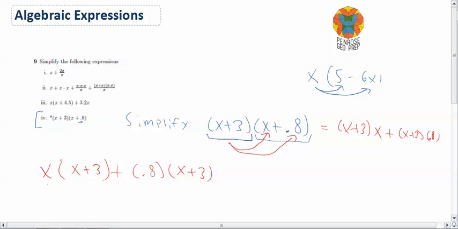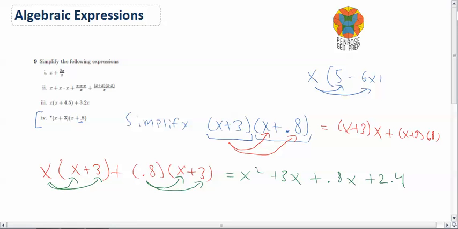Now we do the same thing again. We multiply x by x, and we get x squared. We multiply x by 3, and we get 3x. I'm going to multiply x times 0.8, and we're going to get 0.8 times x, and 0.8 times 3, which you can do on your calculator, gives you 2.4. We're still not done.